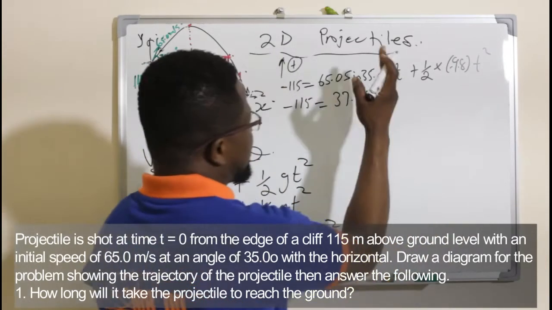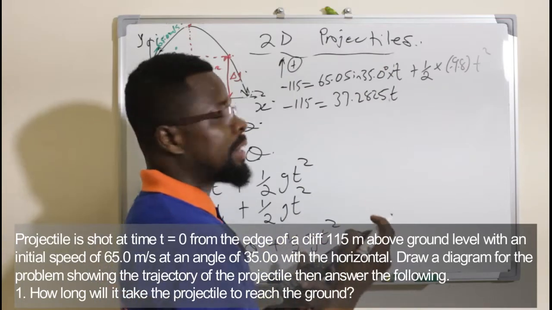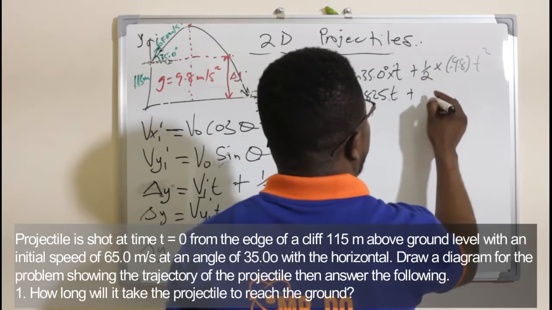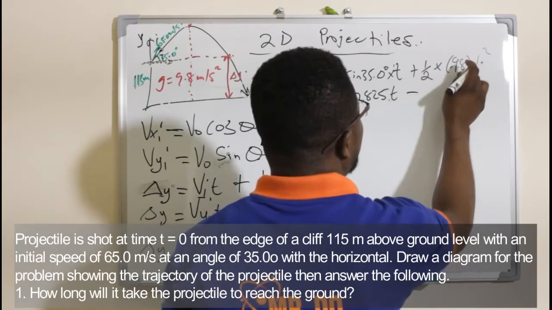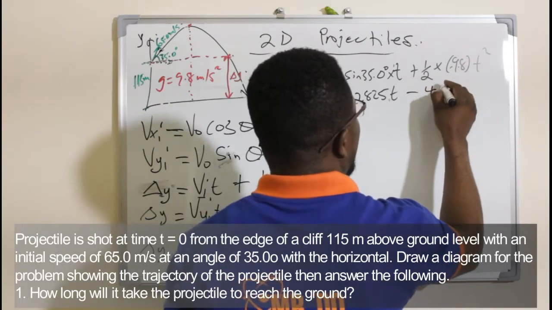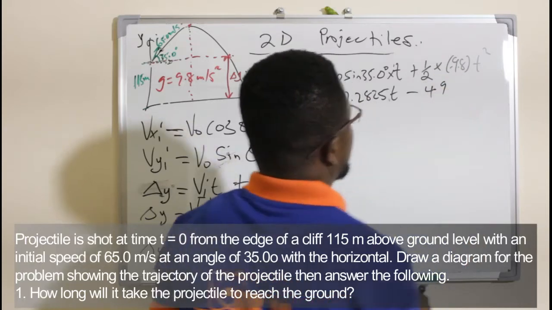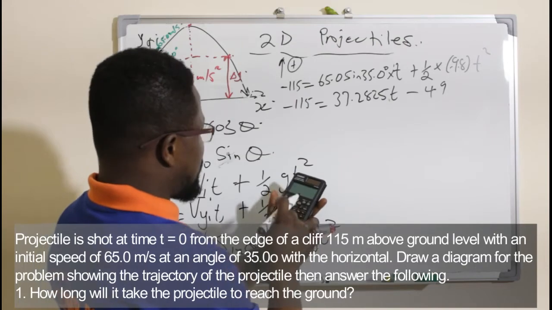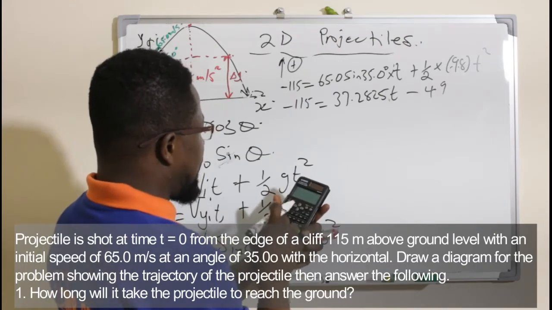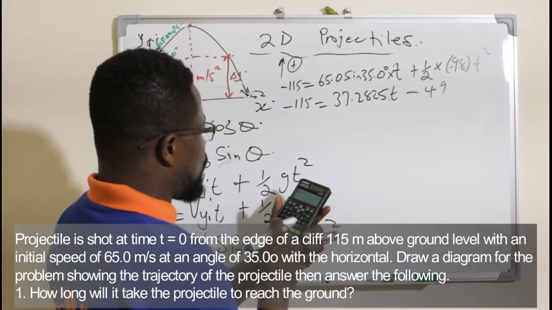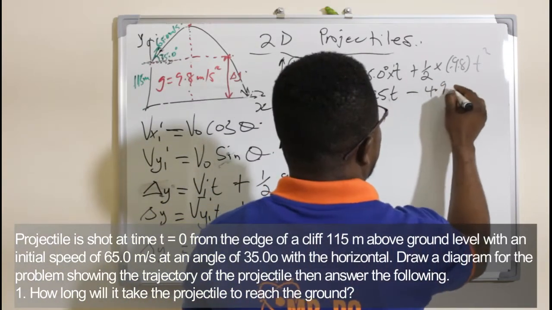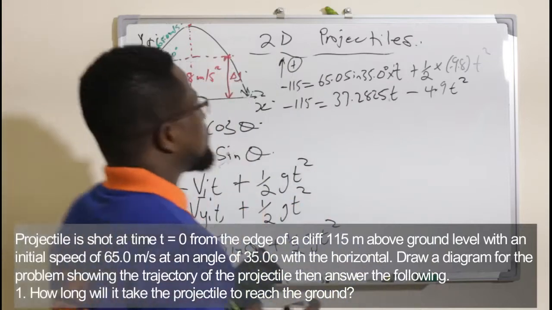I leave it in 4 decimal places so that I'll get an accurate result, and then plus this multiplied by that should give me a negative value, and that's going to be 4.9, because 9.8 divided by 2 is 4.9. So we have 4.9 t squared.